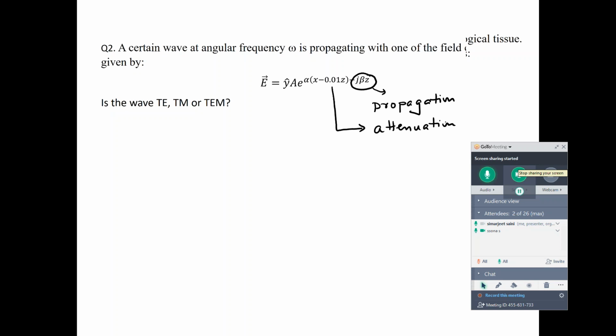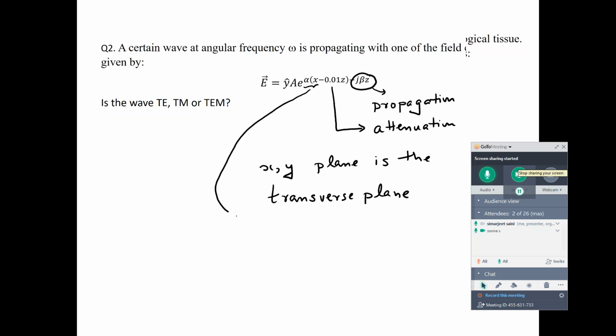And then it's basically saying that your x, y plane is the transverse plane, and if I take a look at this term here, it's saying amplitude varies in x.